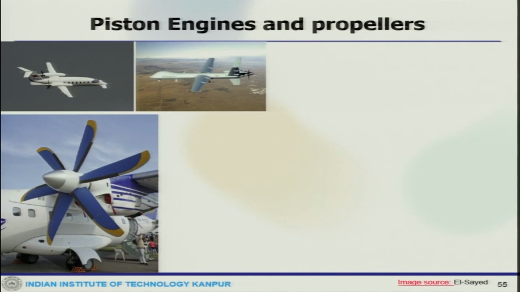So, the number of blades could be 2 or 3, let us say 2, 3, 4, 5, 6, 8. So, multiple, greater than 4, as for example the 8 bladed propeller which is shown here.